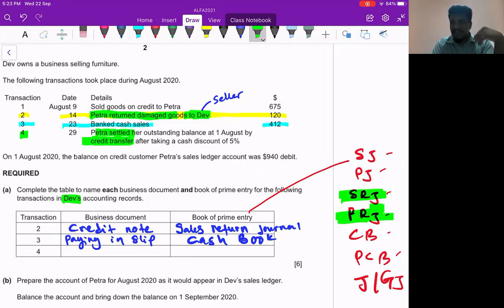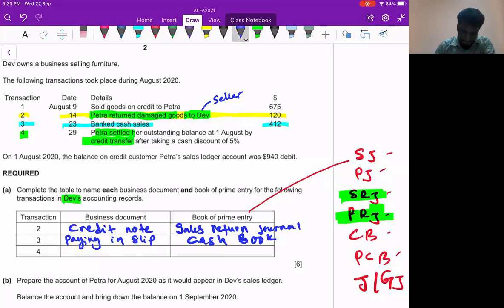We instruct the bank to transfer the money to someone. But do you think the bank will give you any proof the money transferred? No. So how will you know the credit transfer has taken place? Whenever we receive something from the bank, then only we will know the money has been transferred.